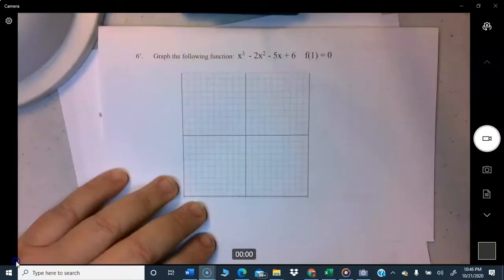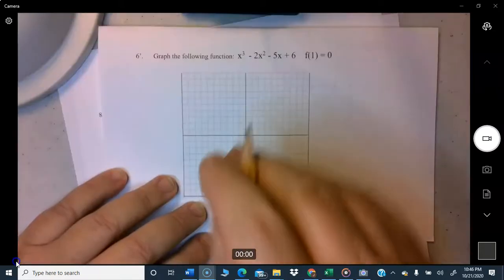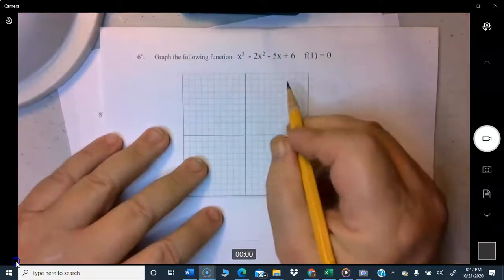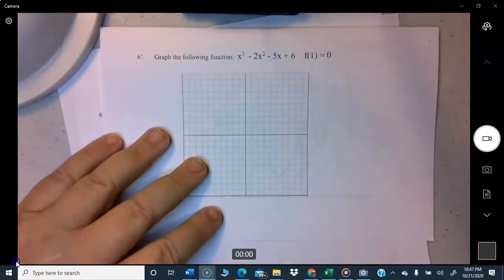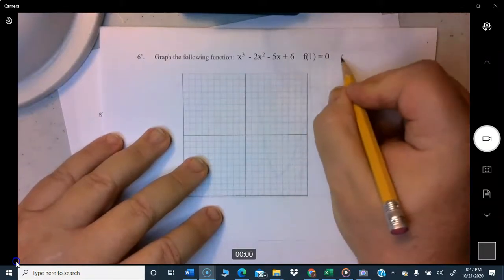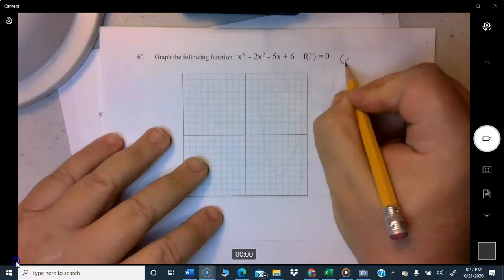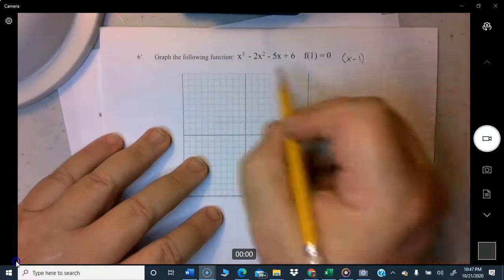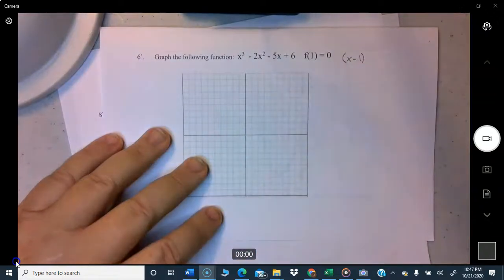Okay? And in addition to being a test review, and we hadn't done the graphing, so I'm going to leave it to you to go ahead and do this one. All right? It's done exactly like the one up above. You know that f of 1 equals 0. I'll just get you started. So that means the factor is going to be x minus 1. So you're going to divide this into this, and you're going to do it with synthetic division.